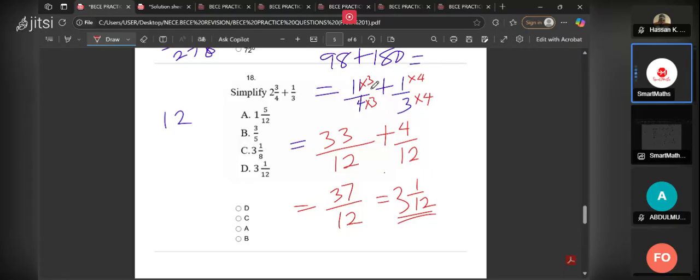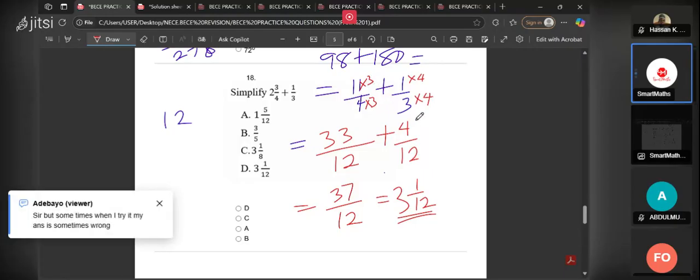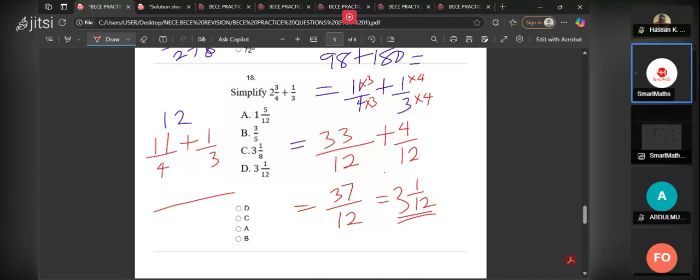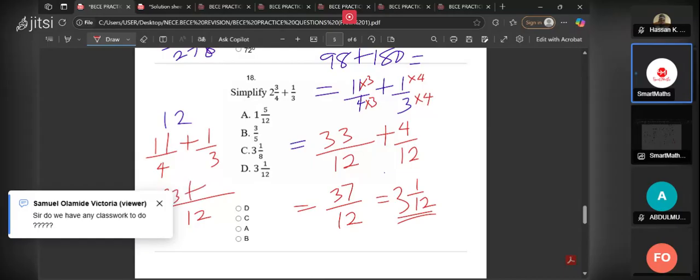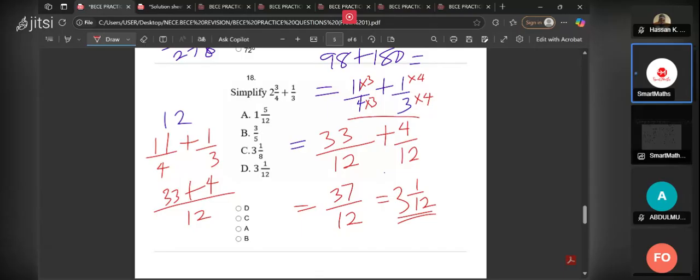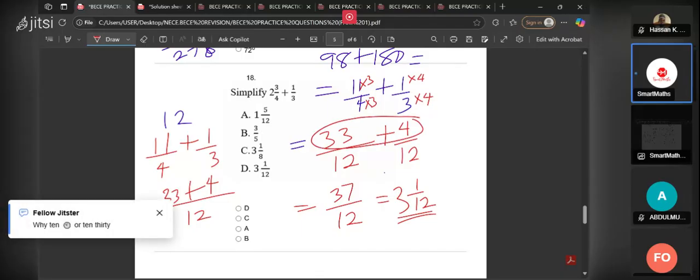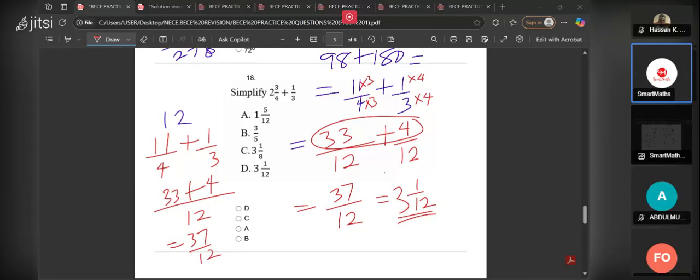Is that clear? If we don't want to do it that way, we can still have it this way. Since we have 11 over 4 plus 1 over 3, we find the LCM, that is 12. 4 in 12 is 3, 3 times 11 is 33. Plus 3 in 12 is 4, 4 times 1 is 4. You can see it's the same thing we have here. So this gives 37 over 12. I hope this is clear now.